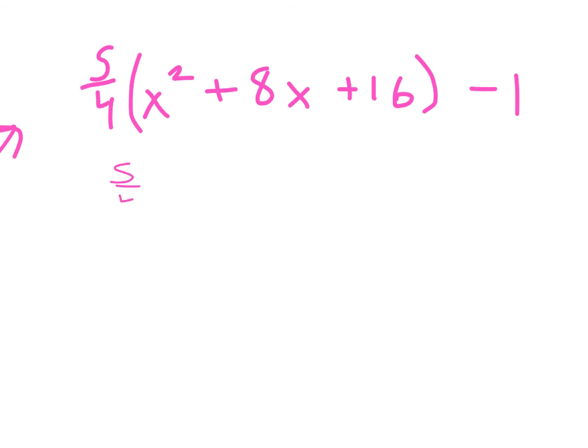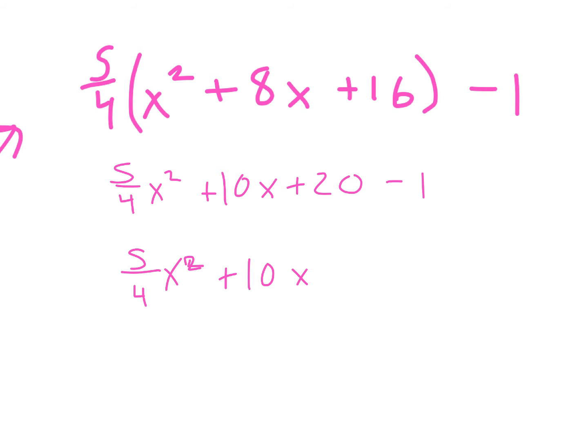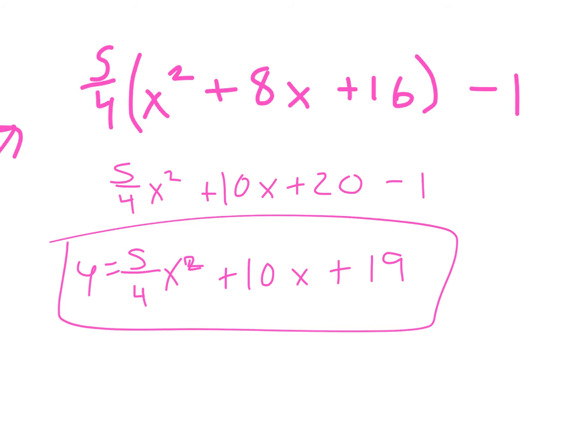Distribute, so 5 over 4x squared plus 8 times 5 over 4 would be 10x. 16 times 5 over 4 would be 20. So 5 over 4x squared plus 10x plus 19. That's our standard form.